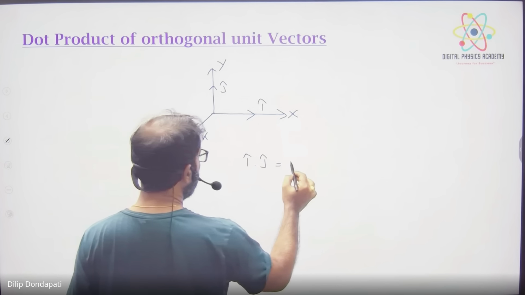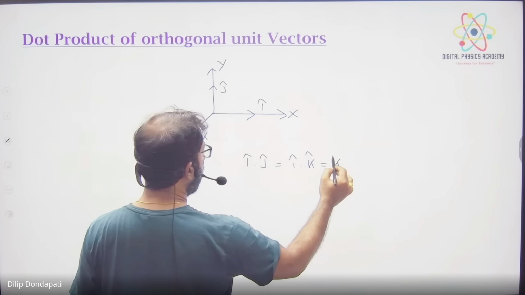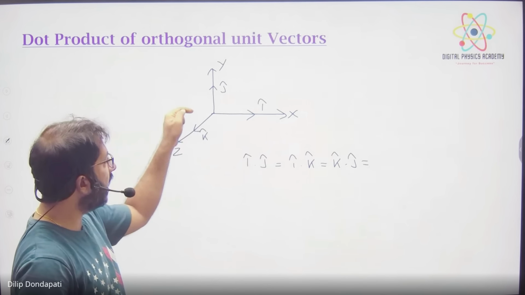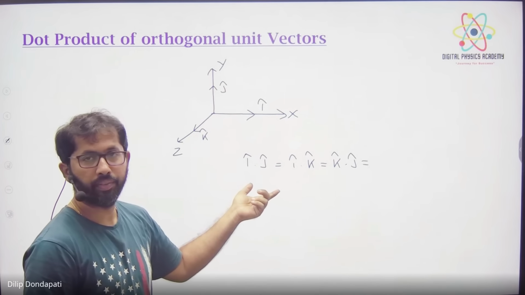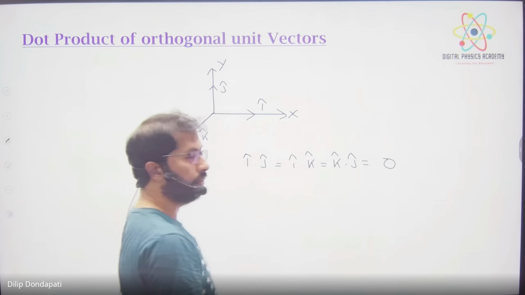How much? कुछ भी होने दो. देखो I and j means x axis y axis are perpendicular, right? Perpendicular का dot product will be 0. So I dot j is 0.